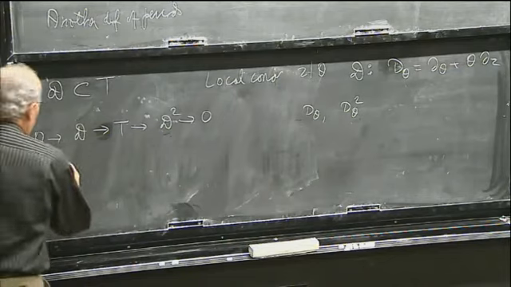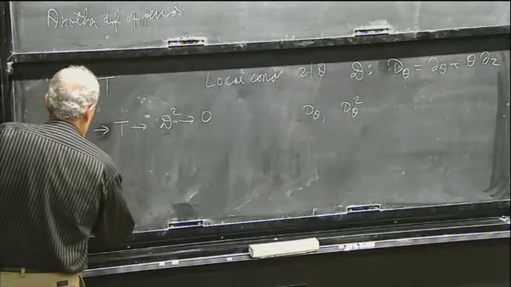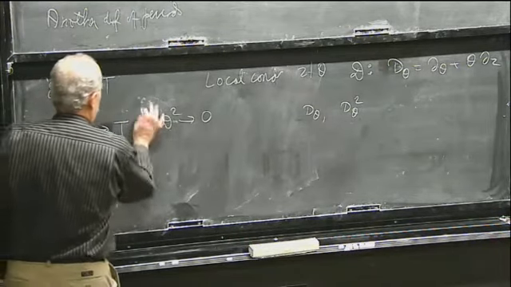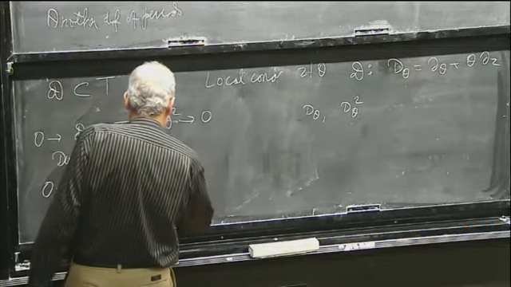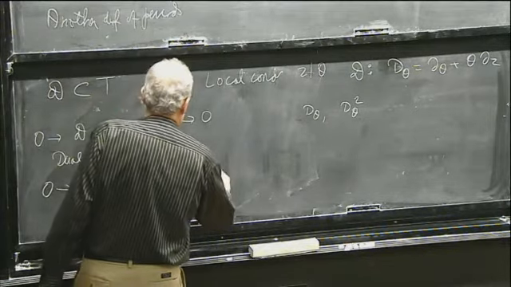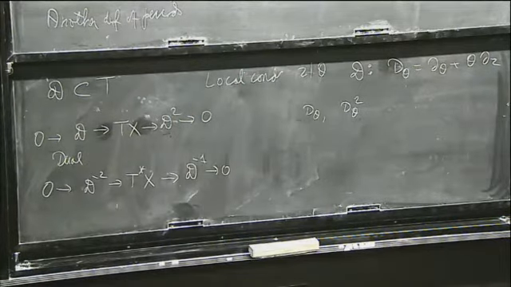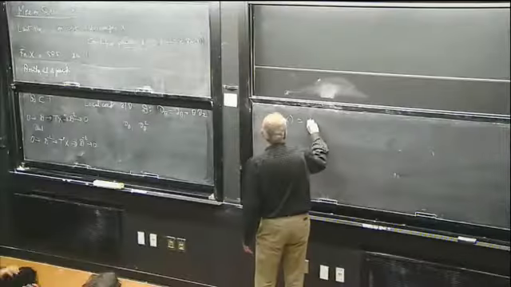And of course, we also have the dual exact sequence. T is T_X, where X is a super Riemann surface. T star X is the cotangent bundle. And also, you heard earlier today that the Berezinian of X is D inverse, I hope.